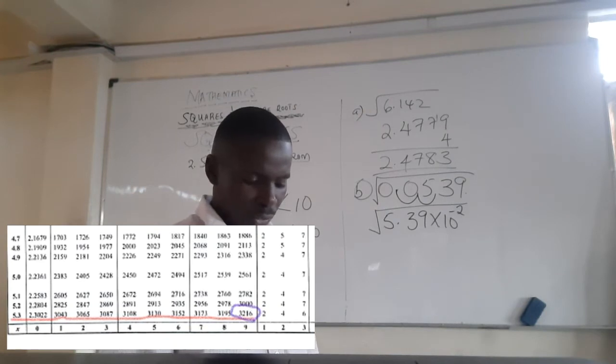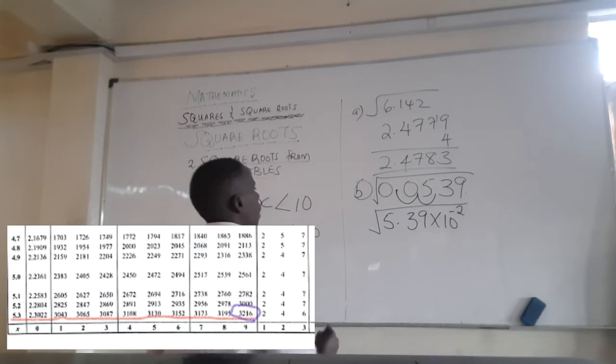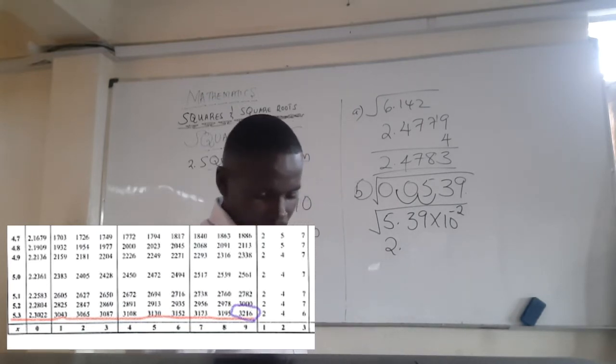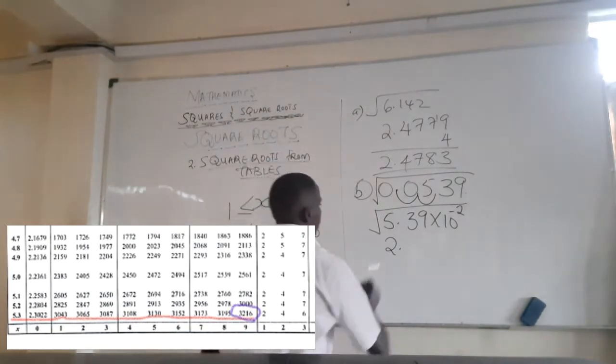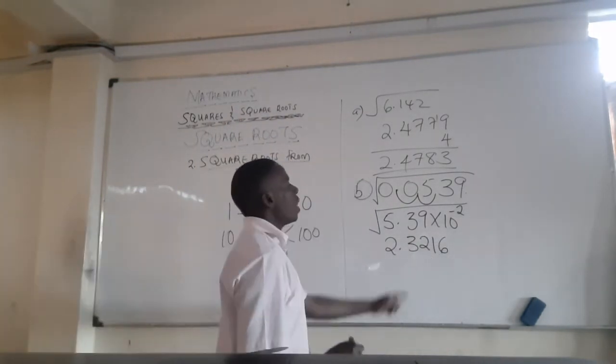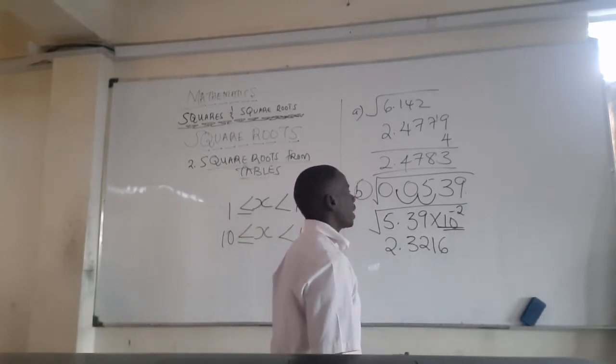Along that line for 5.3, we add 2, so it is 2 point, the value given there. So we get 2.3216. Then we also get the square root of 10 power negative 2.